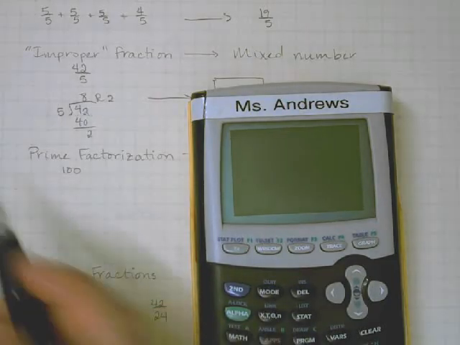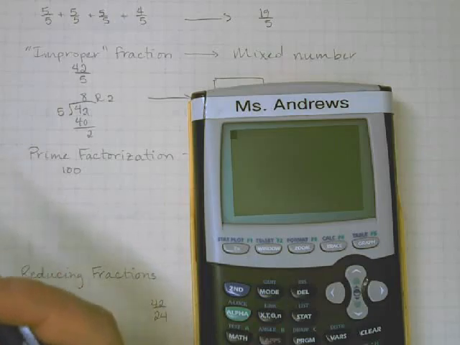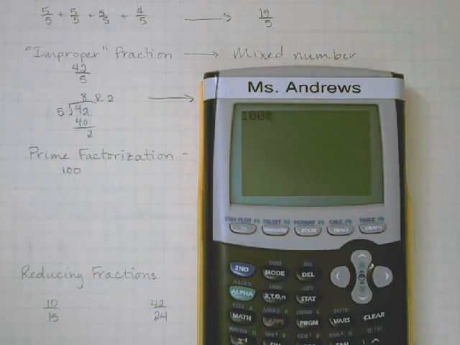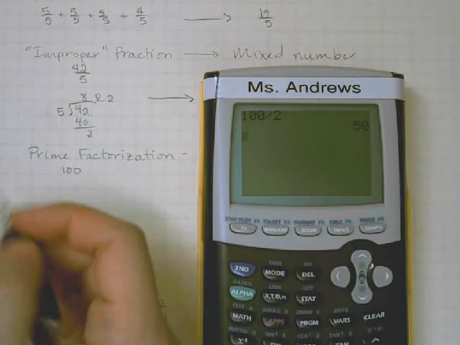So 100 divided by 2 gives me 50. So I can split this, this is one way to do it, into 2 and 50. 2 is a prime number, so I don't need to do anything with that.